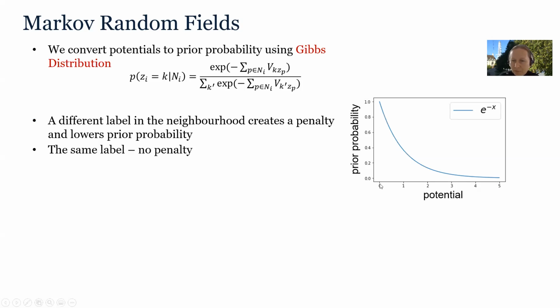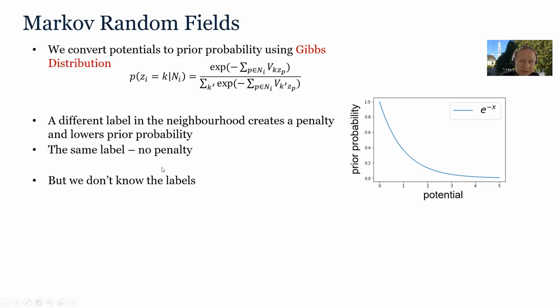And if the potential is increasing, then this quantity will decrease. This will lower the prior probability. The term in the denominator is to normalize the prior probabilities over all the classes so that they sum up to 1. So to sum up, a different label in the neighborhood creates a penalty and lowers the prior probability. If there is the same label, there will be no penalty.